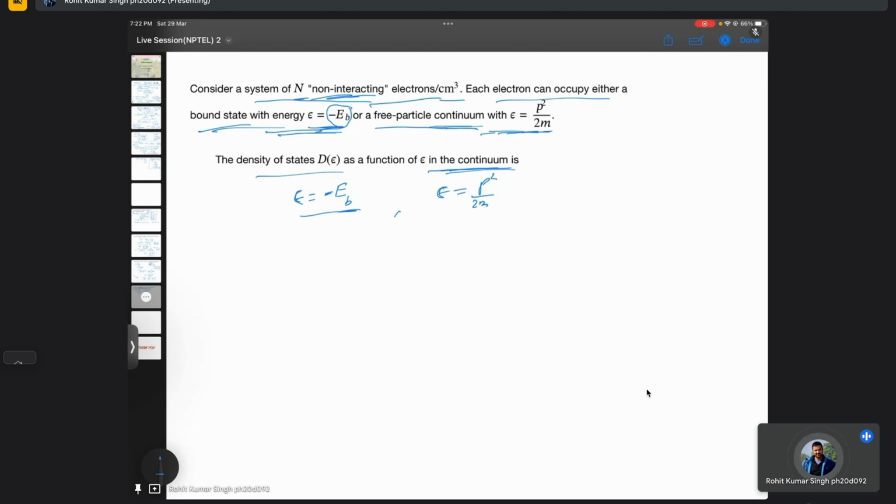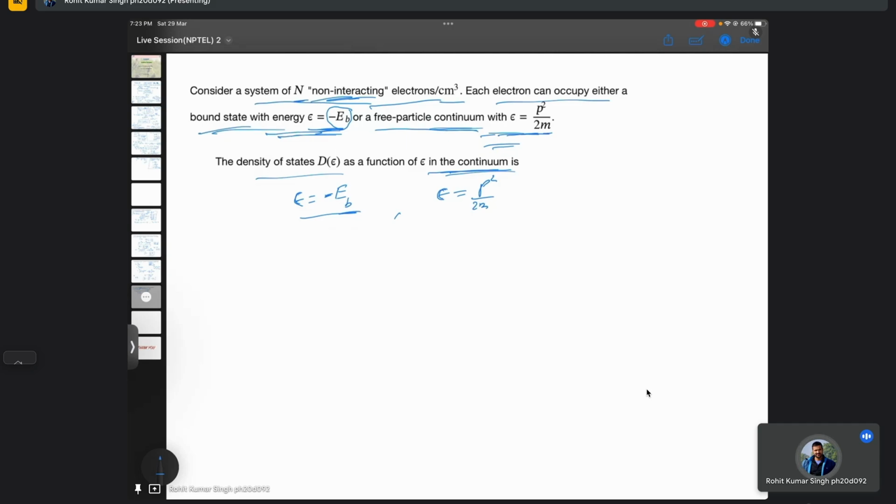We have already done this in our earlier problem, so just to highlight when the density of states concept comes in. We already have this formula for density of states.